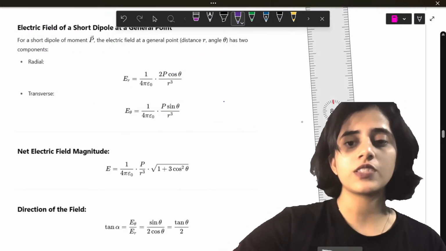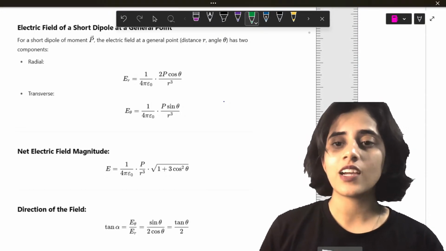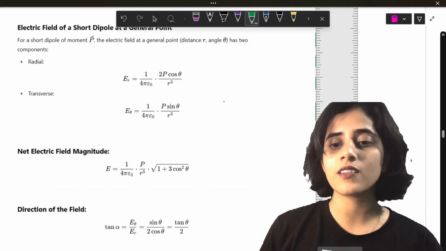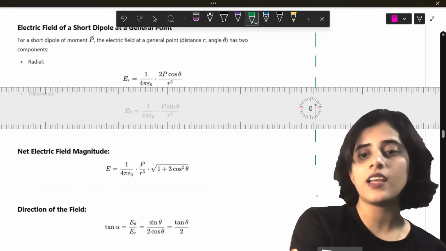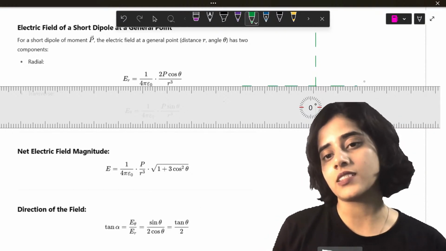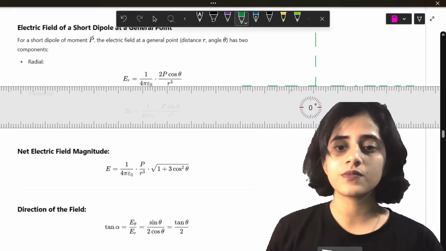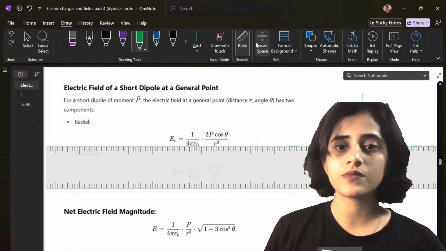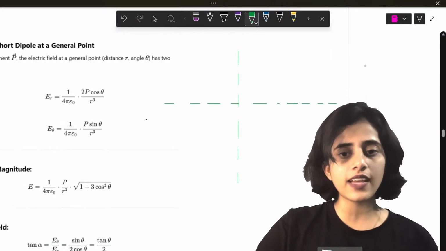So first thing, let's draw the axis. You have a scale, you have an axis. So this is my axis. I have my x-axis and my y-axis.